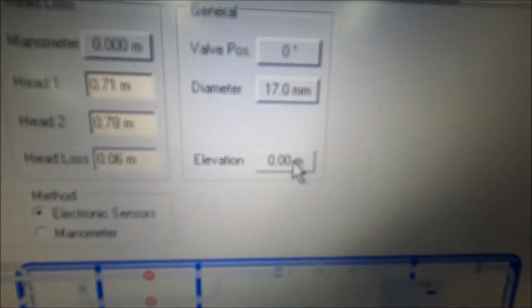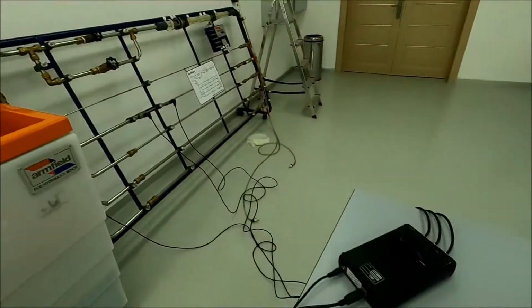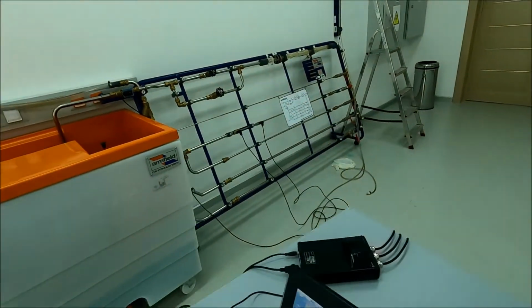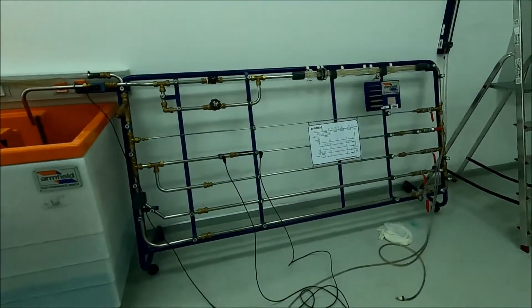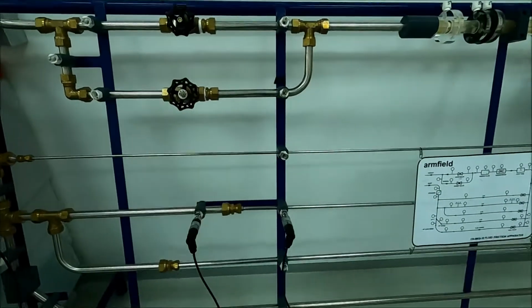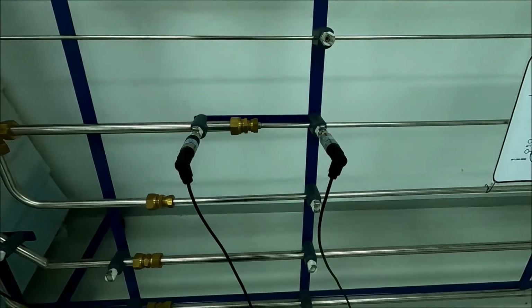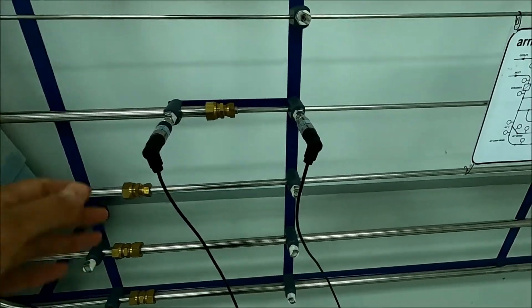Here the elevation is 0 because the vertical elevation between the tappings is 0. There is no elevation between them.